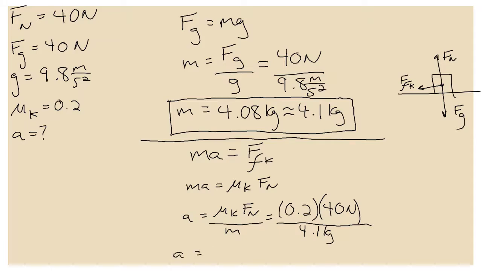When we take 40 times 0.2, that gives us 8. Then when we divide that by 4.1 kilograms, we have 1.95 meters per second squared, which is approximately equal to 2 meters per second squared.